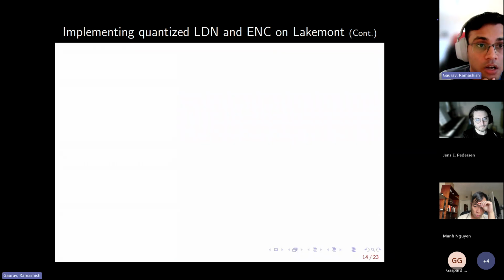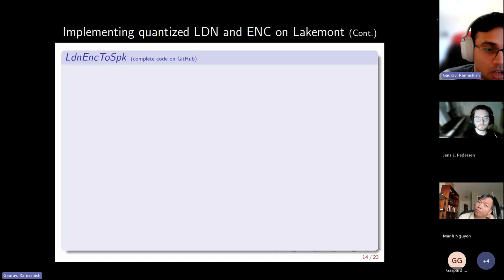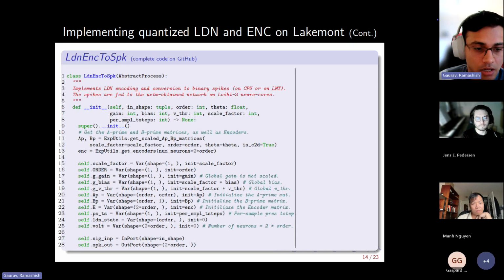Now let's talk about implementing the Lava programs to implement the quantized LDN and the encoding process on the Lakemont cores. This is the code for the interface, or the process, LDN encoding to spike process.